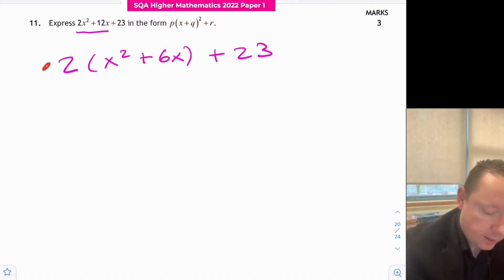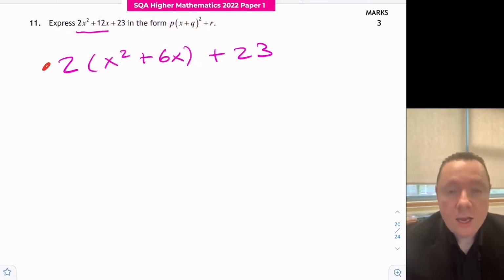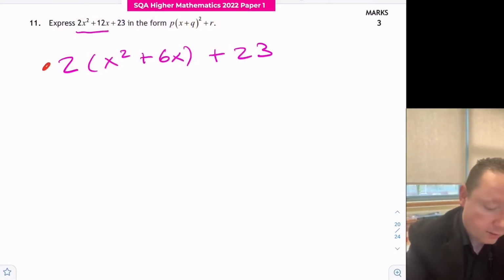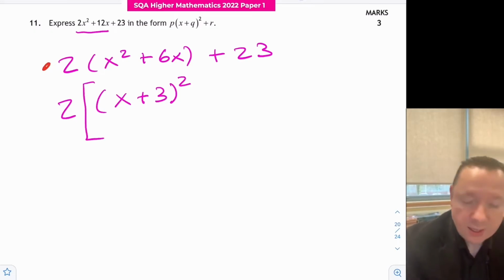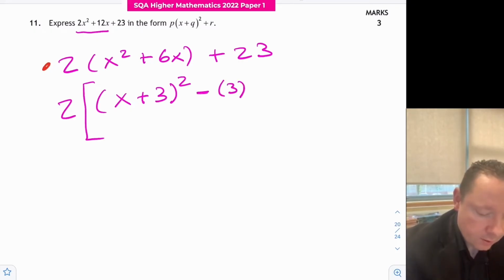Okay, your second mark, completing the square: we do 2 bracket, half the middle term, so (x plus 3) squared. That's all in big brackets of course, and we need to immediately take away 3 squared. We've still got plus 23.